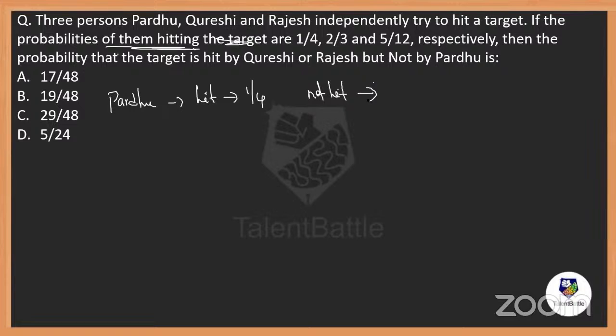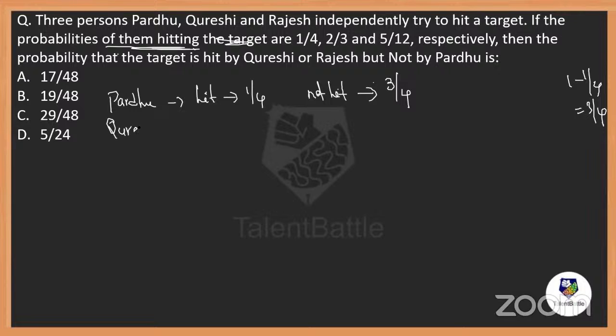You need to subtract it from 1. 1 minus 1 by 4 is 3 by 4. So Prabhu will not hit is 3 by 4.